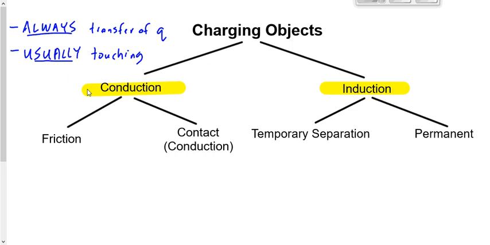One's called charging by friction. When we charge by friction, we simply rub two things together. If you take a balloon and rub it against your head, the balloon becomes charged, as does your hair. That's charging by friction. If the balloon and your hair were both neutral to start, and you rub the balloon against your hair and it became -5, then what will your hair become? +5.